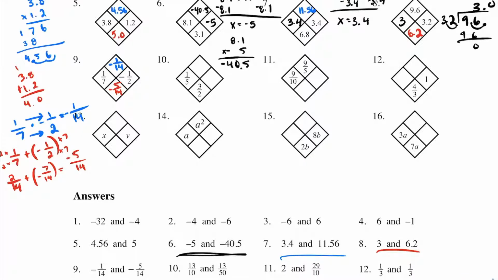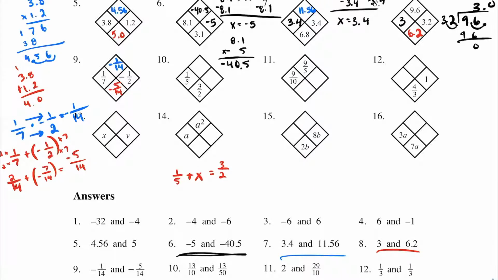Here's something interesting. So I know that I'm going to work down here. So I know that 1/5 plus some number is going to be equal to 3/2. Again, let's make these have the same denominator, so that way our addition and subtraction will be seamless.